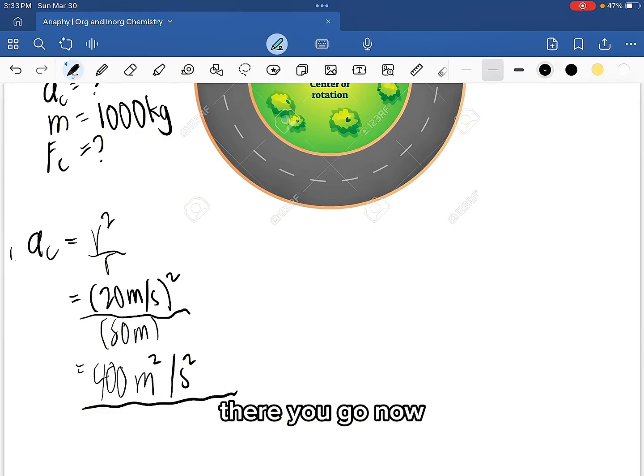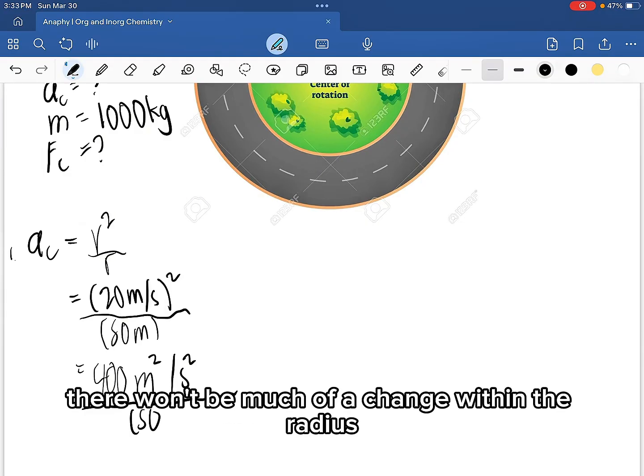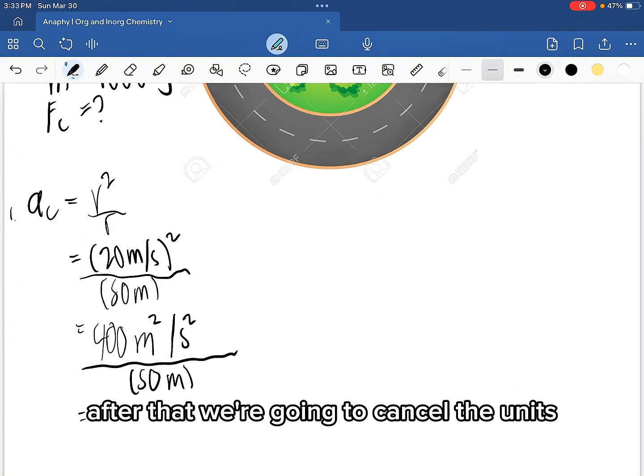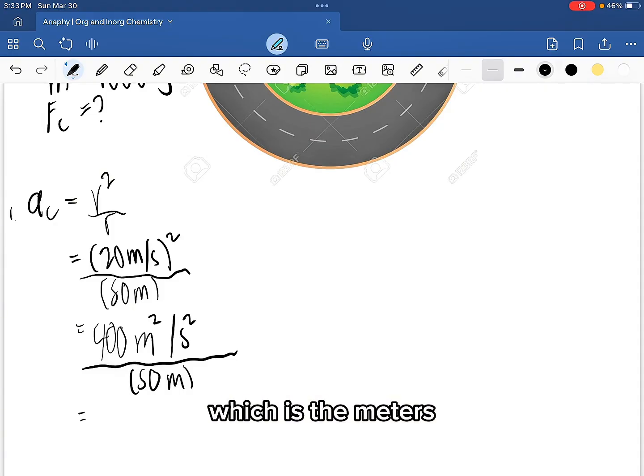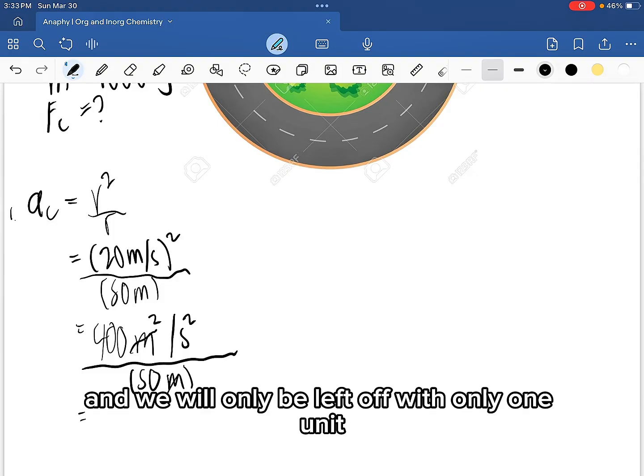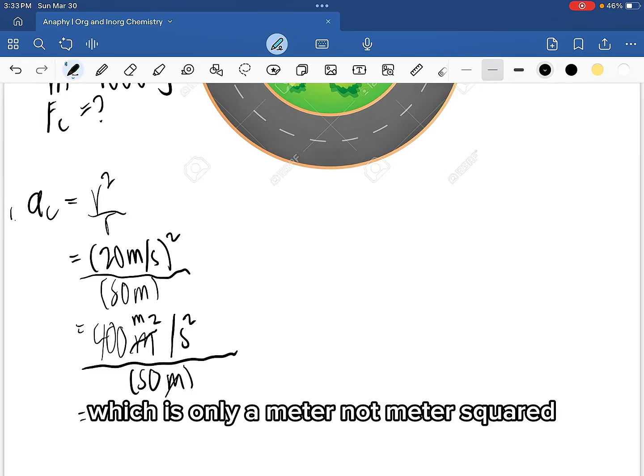There won't be much of a change within the radius. After that, we're going to cancel the units, which is the meters, and we will be left with only one meter, not meters squared.